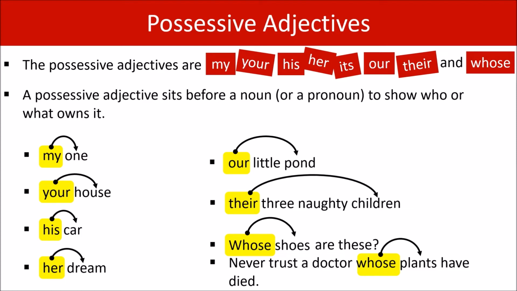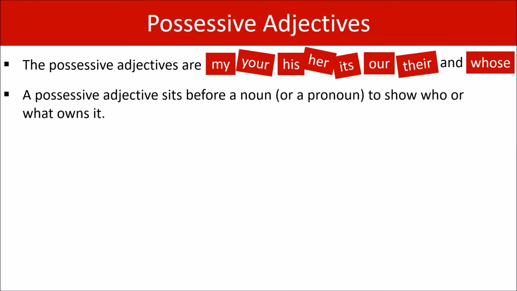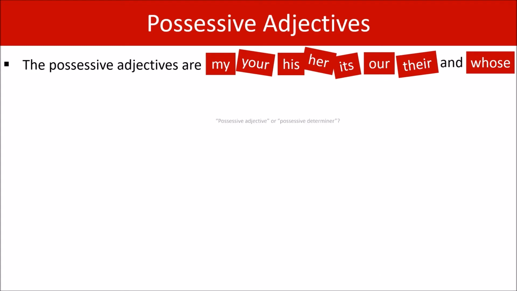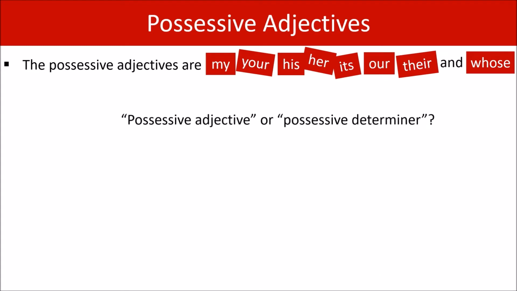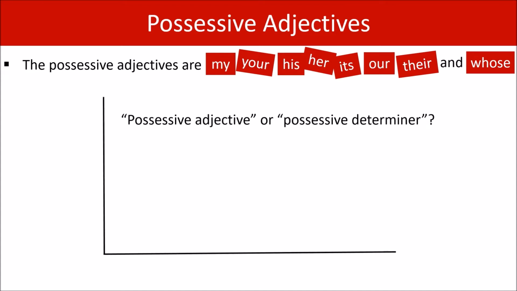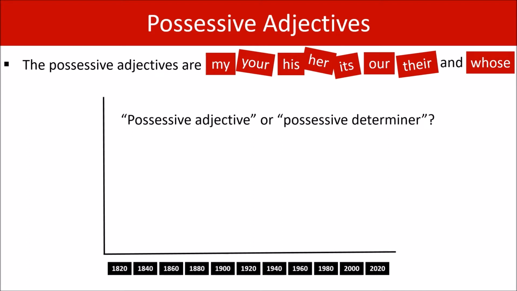Okay, let's clear the screen. I want to talk now about the term possessive determiner, because some people call possessive adjectives possessive determiners. Let's use Google's Ngram viewer to look at millions of books written over the last 2 centuries to see how popular the term possessive adjective has been compared to the term possessive determiner.